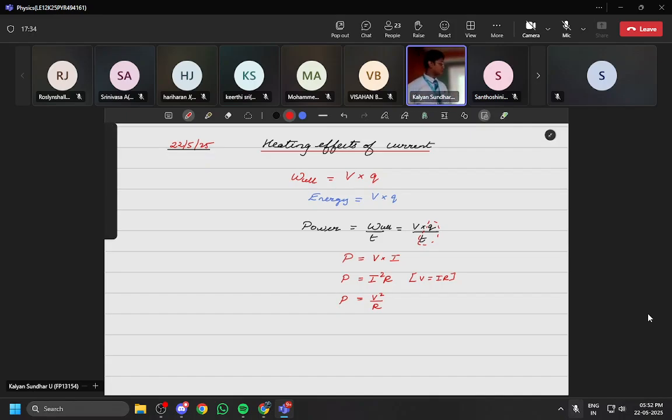I remove I, and instead of I I can write V by R. So V square by R square, and one R cancels, so here your I is equal to V by R. Substitute that and you will get this term. So power can be written in all three terms with respect to what data they have given. According to that we have to replace the expression.